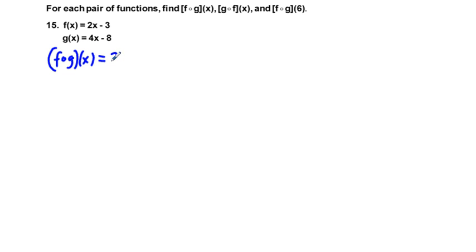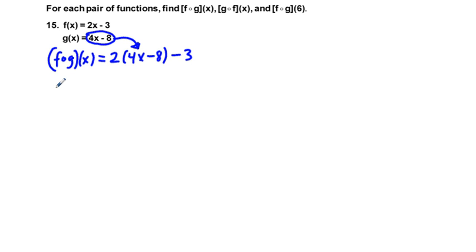So writing the f function, we have 2 times x, and for x I'm leaving a blank space, minus 3, and then I'm going to place the g right here. And putting g right there, we have 4x minus 8.